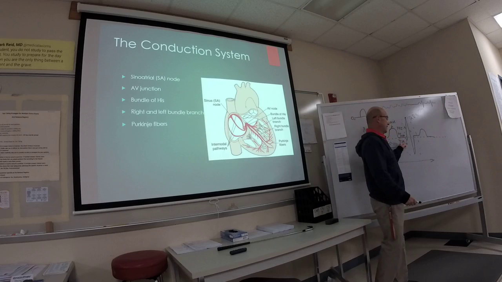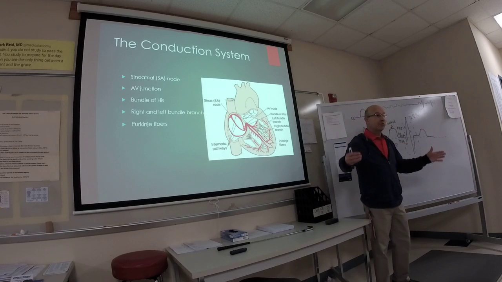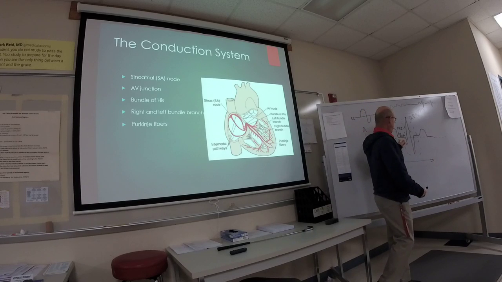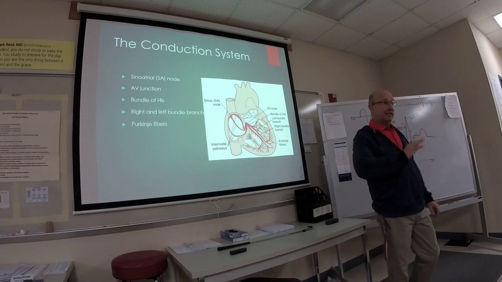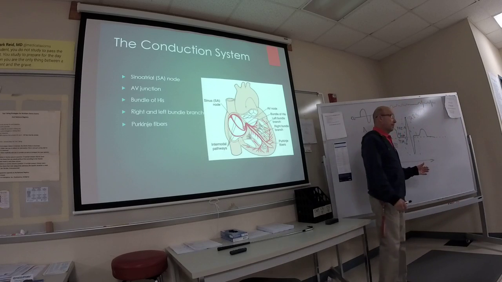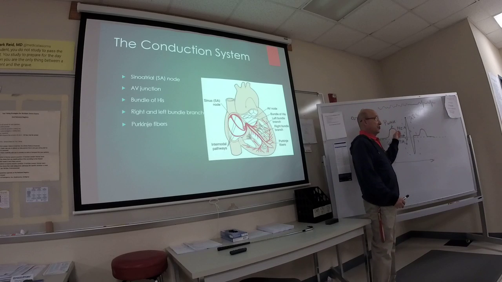This is important in EKG interpretation because it's a whole new set of rhythms, okay? If, let's say we have a patient that the SA node is knocked out, the SA node is not functioning at all, what will be missing? Right, the P wave will be missing, okay? So the only way that the heart is actually contracting is due to the AV node.